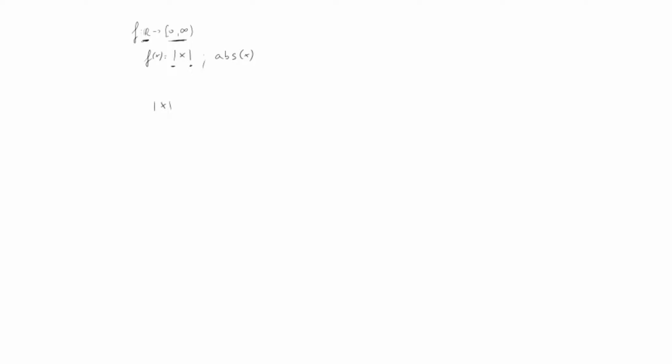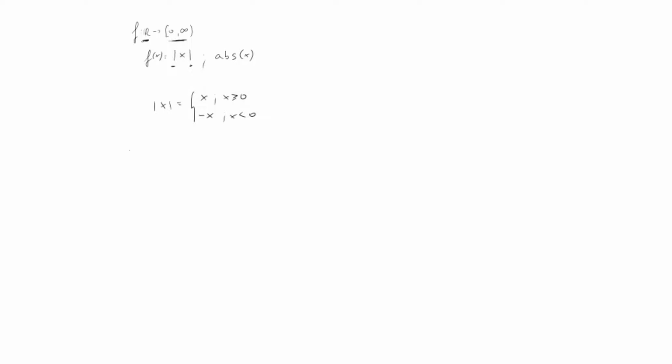The absolute value of x equals x if the value is positive or 0, and minus x if x is negative. So if the value is positive or 0, the function does nothing. If the value is negative, then this function will multiply the value by -1, so the result will be positive.